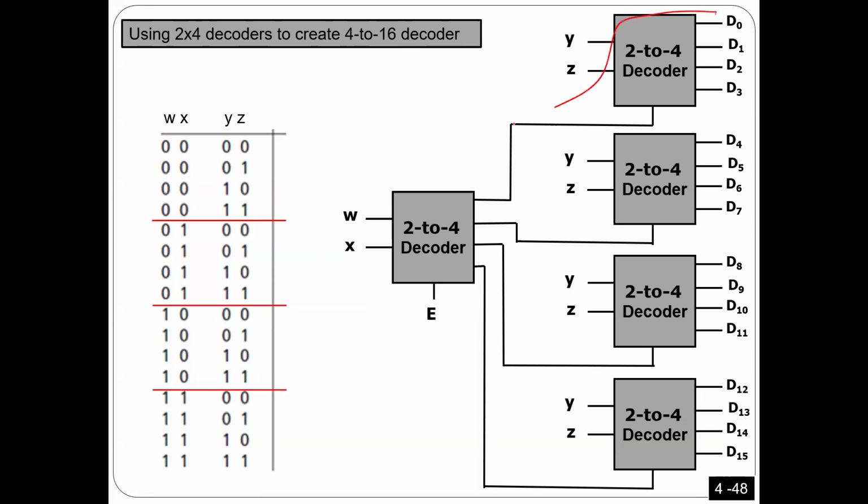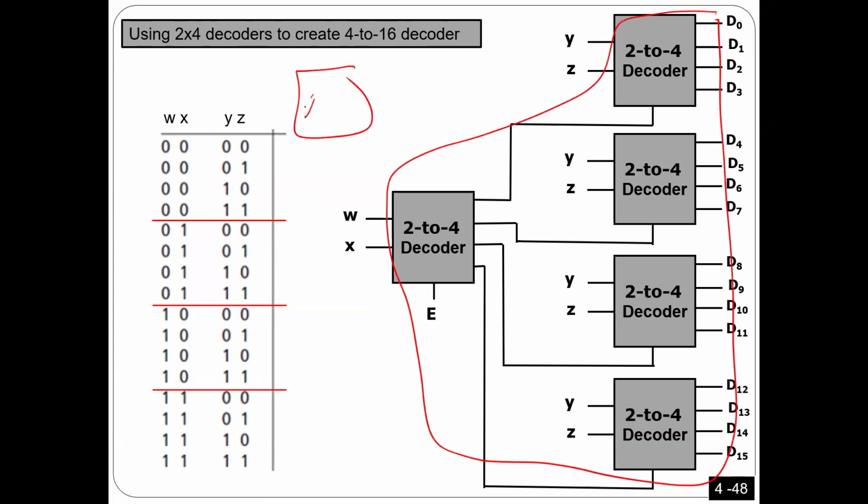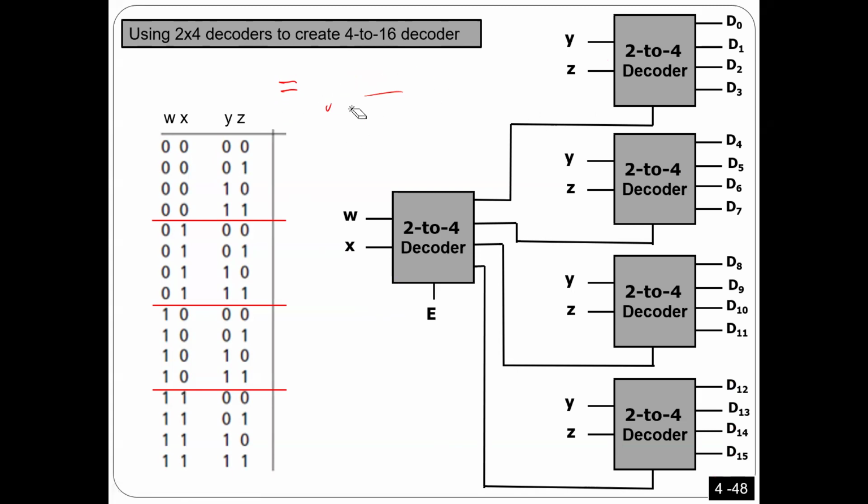If you see this as just one block, this block becomes a 4 to 16 decoder. We have 4 inputs and 16 outputs. For the 16 outputs, I'm going to get 4 from here, 4 from here, 4 from here, 4 from here. So in total it becomes 16.